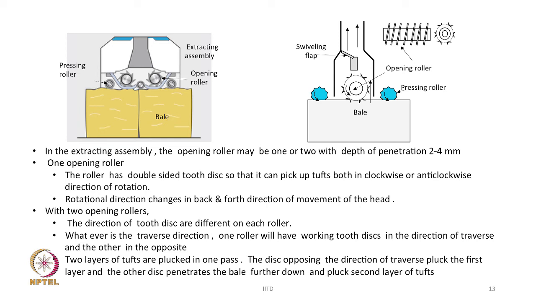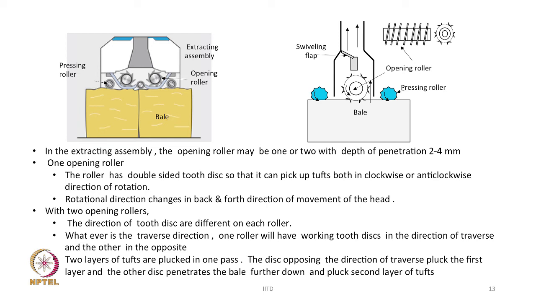That is what is important: you can have either a single roller or two rollers, but all these rollers will have double-sided teeth. Whatever the traverse direction, one roller will have a working tooth disc in the direction of the traverse and the other will oppose it.